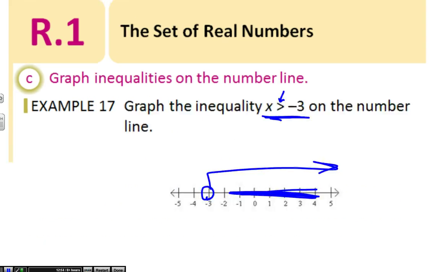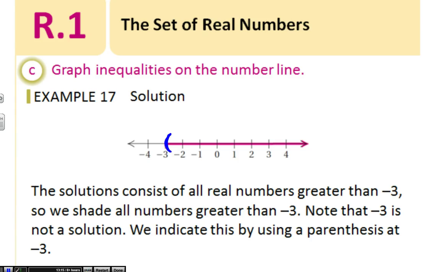So if I had said x is greater than or equal to -3, instead of putting a closed dot like you did back in Algebra 1, we're going to start using a bracket, meaning I can include the value here. An open dot means the same thing as a parenthesis, meaning I cannot include it. So I will not include everything up to 3. You can see that 3 is right here, and it's just a little bit less than.